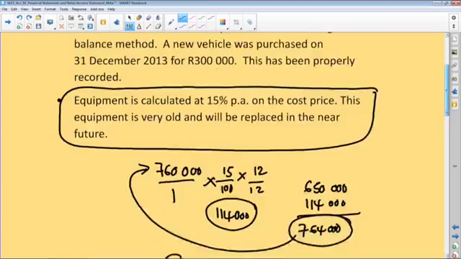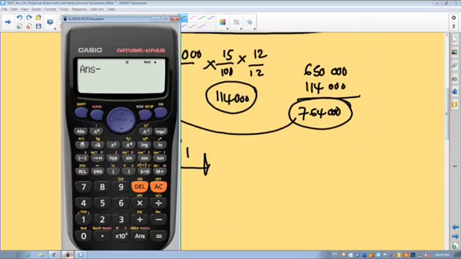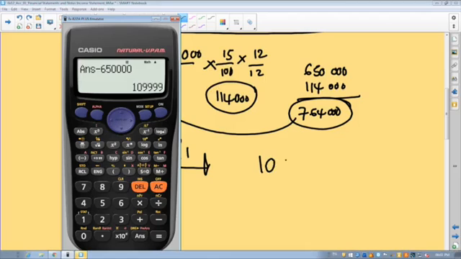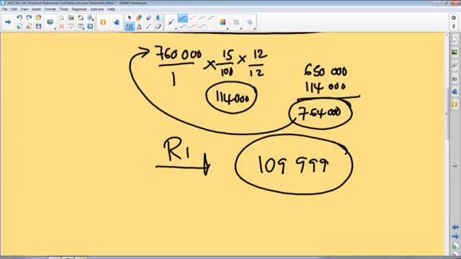Therefore, you are left with a figure of 109,999. What does this mean? This means that the maximum depreciation that you can write off is 109,999 rand.